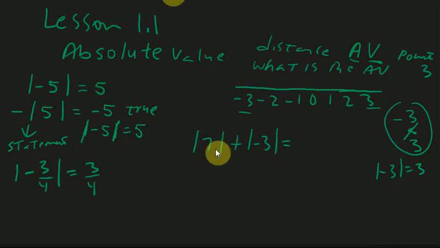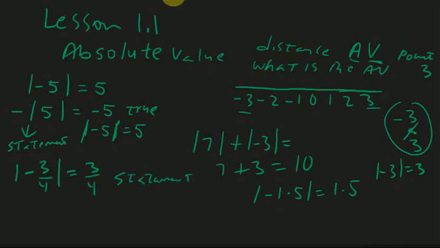What about 7, which is already positive, plus the absolute value of -3? You end up with 7 plus 3 equals 10, right? Because -3 becomes a positive, and your 7 was also positive, so you end up with 10, right? What about -1.5? It ends up as 1.5. With absolute value, you are always changing the negative to positive. That's all.